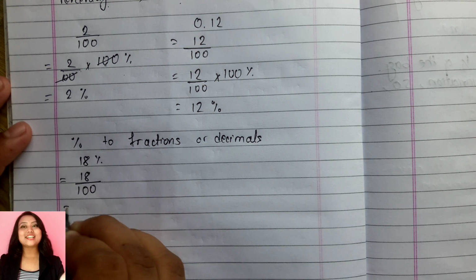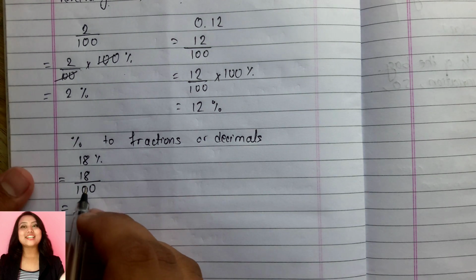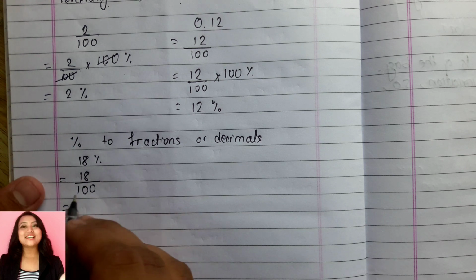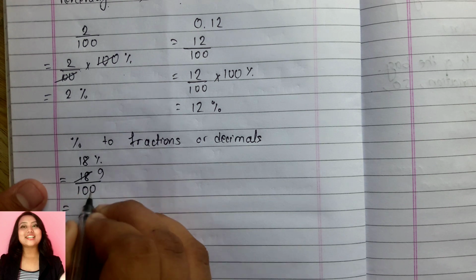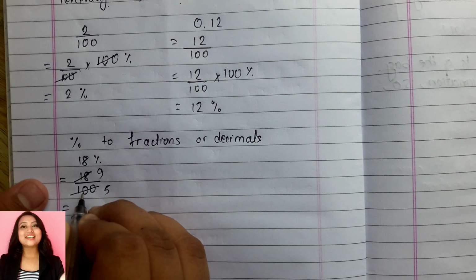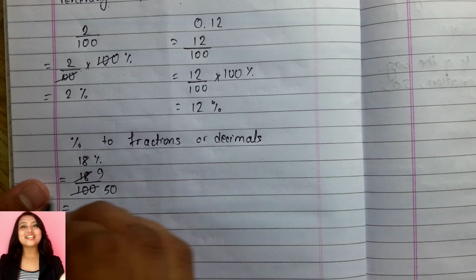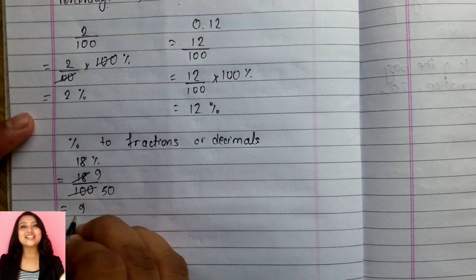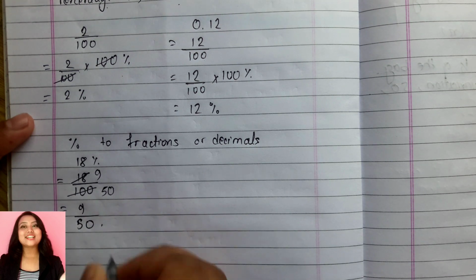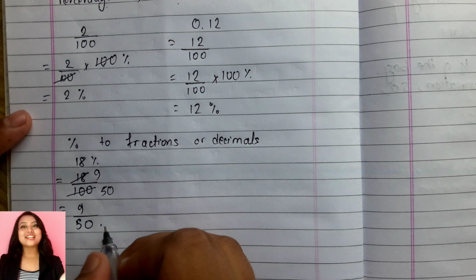So this is the fraction, and this can be reduced to the lowest form. The lowest form will be 2 nines are 18, 2 fives are 10, and 0 is 0. So the fraction in lowest terms is 9 by 50. So 18% is converted into a fraction.